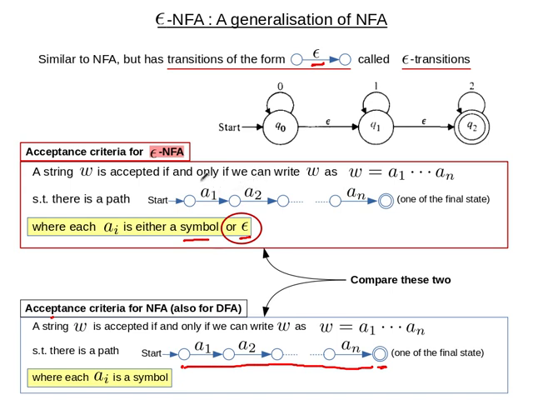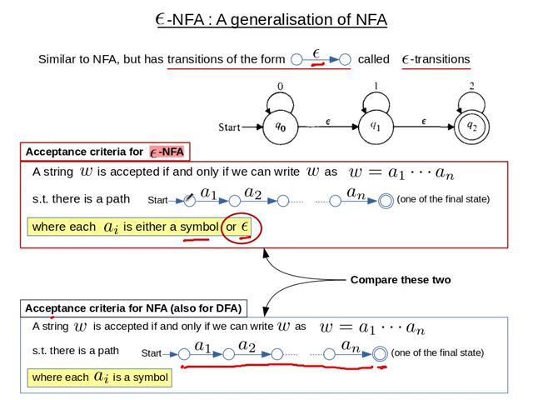So what is the acceptance criterion? That there is at least one path. Again, there can be multiple paths because it's a generalization of NFA, and you can still have some state from which you have multiple transitions on the same symbol. That is allowed.